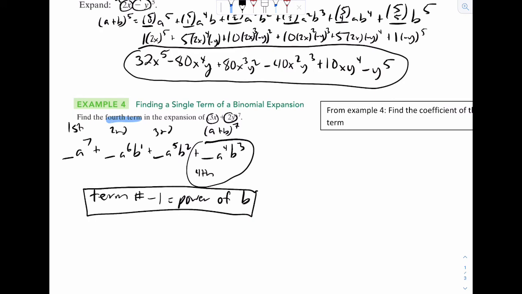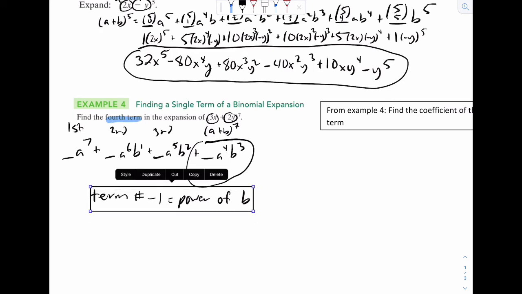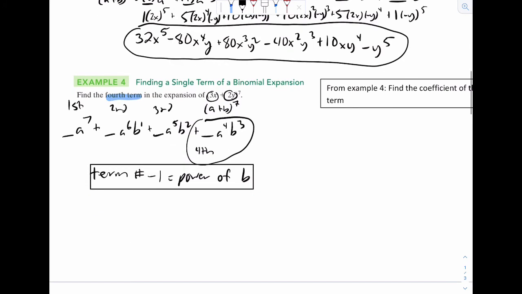And that's what you want to focus on here. All right, so let's keep going. I know it's something, and then again, focus on this term number minus 1. So I know this is b cubed. And if that's b cubed, I know it must be a to the 4th, because these two numbers have to add to 7.